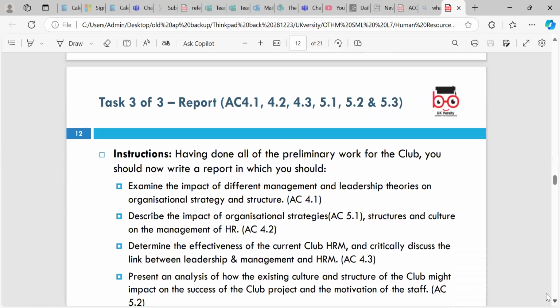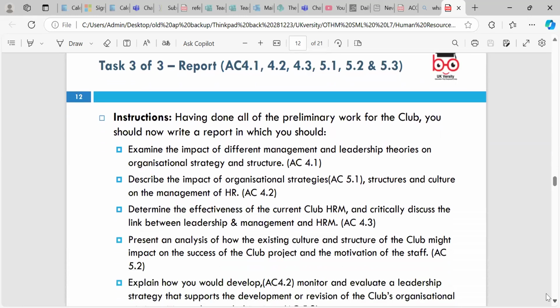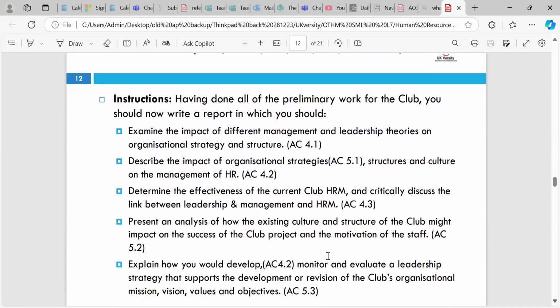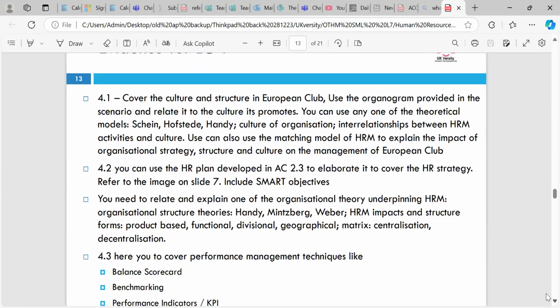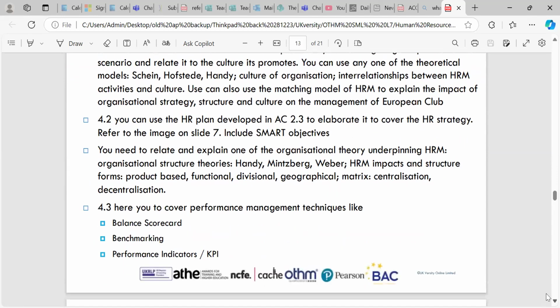Then move to task 3, which is based on our LO4 and 5. Define these accordingly. You can divide the discussion according to assessment criteria, and cover the structure of the European Union. You can look at the HR plan and HR strategy.